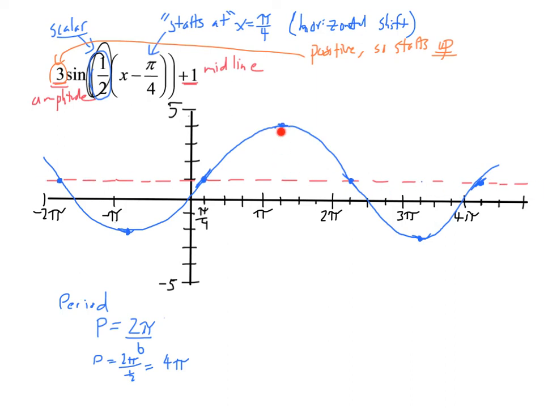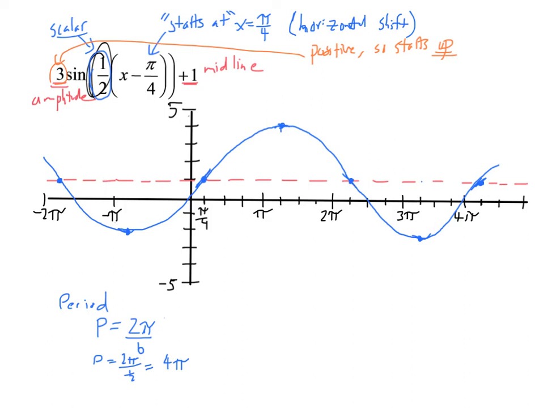The top of it there, that distance, the same as that distance. That's our amplitude of 3. So not that it's going up higher here than it is going down there. And also the period here, that was that 1/2. So the period's not 1/2, that's the scalar that affects the period. The period is 2 pi divided by b, which got to be 4 pi. So after 4 pi, it's got to come sort of full circle.